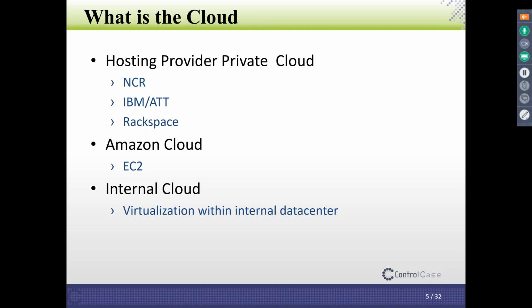And then finally, you have internal cloud, where a company or an enterprise may implement virtualization or virtual machines within their internal data center and provide a cloud environment to their internal customers. So there are various kinds of clouds that exist out there, and as the landscape evolves, you could potentially have other mixes and matches of these types of clouds as well.